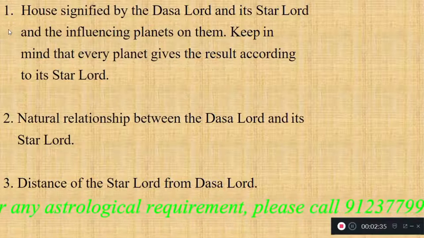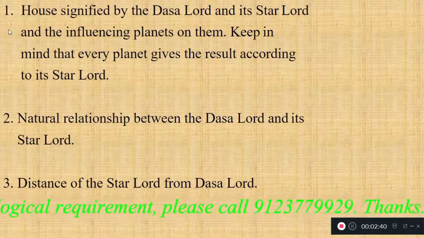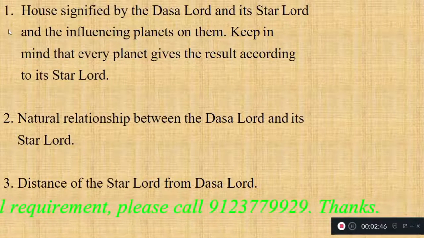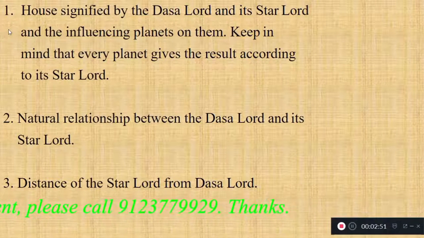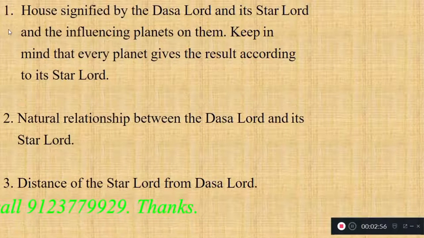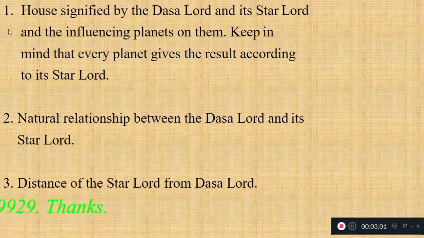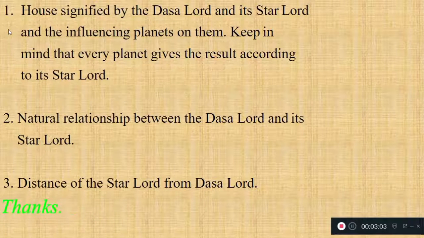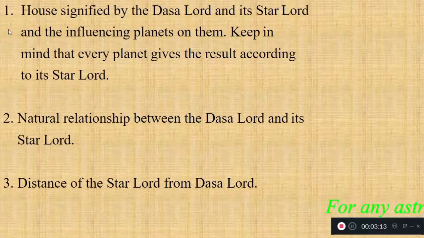House signified by the influencing planets on the Dasha Lord and its star lord means the conjunctions of the Dasha Lord and its star lord, and the planets which are aspecting to the Dasha Lord and its star lord, and the planets which are aspected by the Dasha Lord and its star lord.